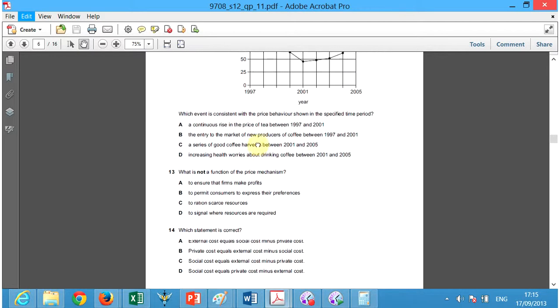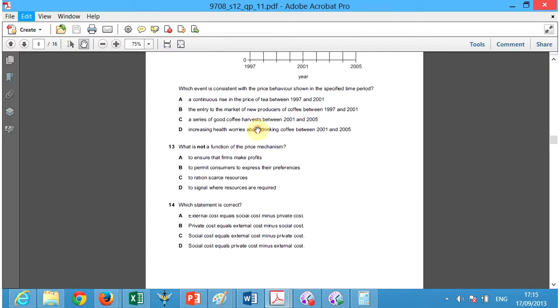Okay. Number 13. What is not a function of the price mechanism? Okay. To ensure that firms make profit. To permit consumers to express their preferences, to ration scarce resources, to signal where resources are required.